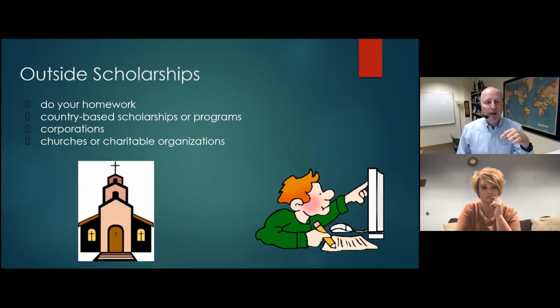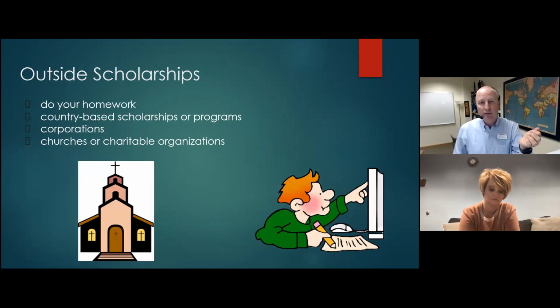So when we get back to these ideas of outside scholarships, I just want to help you think creatively. Google is fantastic at doing searches. As you spend time doing that, you'll be able to find places where scholarships are available and apply, not just to your institution, but any other kind of group that's providing a scholarship.